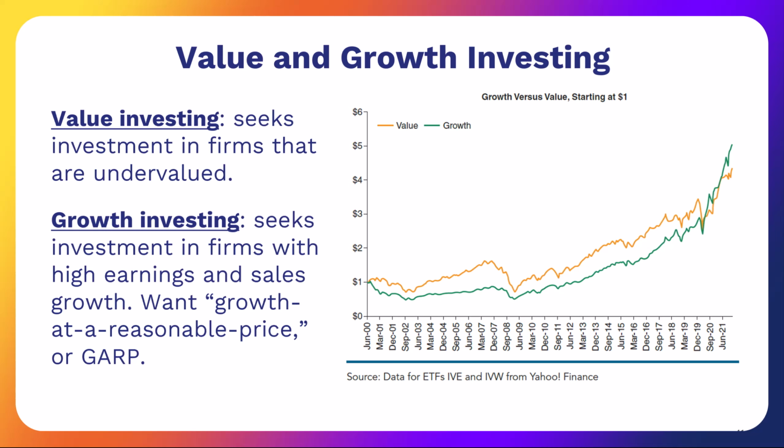Their stock price is too low. They often invest in stable, dividend paying companies. Growth investors, though, seek companies with high growth potential, like Tesla and Zoom. If you understand these strategies, they can help you build a diversified portfolio tailored to your individual needs.